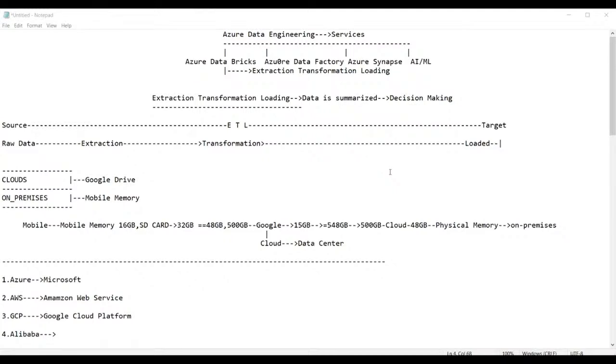But it is asking for a credit card number. Yes, credit card, obviously, that is for the free subscription. It will charge some 2 rupees from the credit card, and the free subscription will be valid for 30 days. After that you have to go for the pay as you go model, which will cost you based on your usage only.